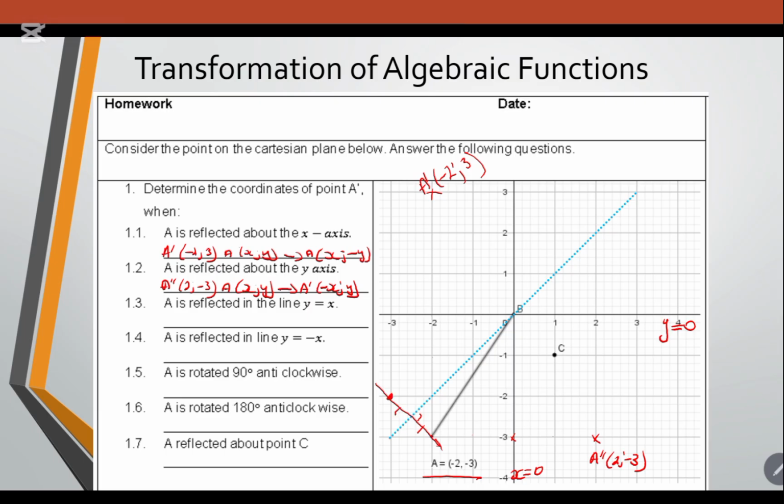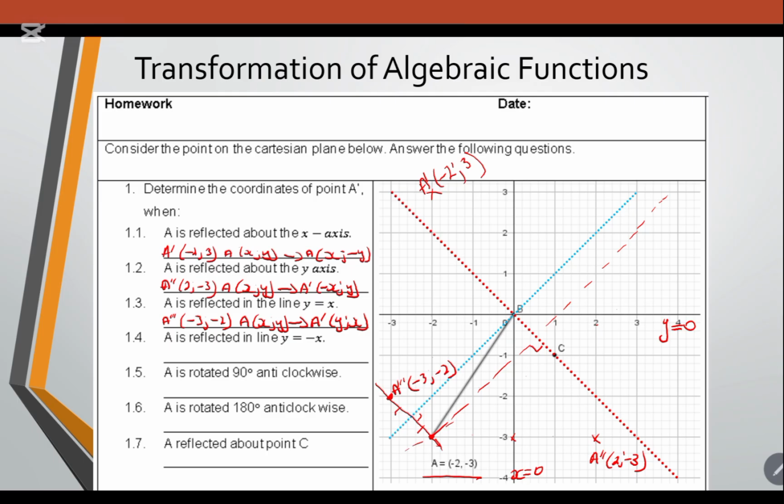So the coordinate of point A3 prime will therefore be negative 3 and negative 2. So basically those points just swapped around. So the coordinate of A prime in this transformation will therefore be negative 3 and negative 2, which came from negative 2 and negative 3. So if the point was x and y, what is the rule? The rule will be A prime is y and x. So the coordinates swap around.